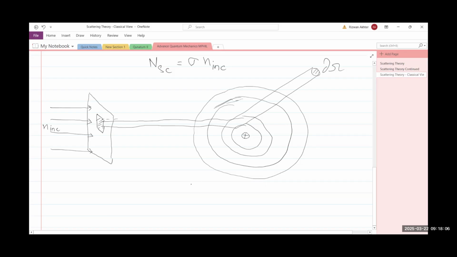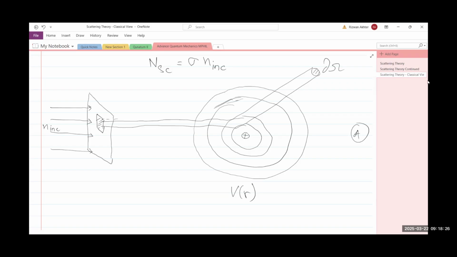And this we call V of R, our target potential. The beam of particles hitting this target is scattered into some solid angle d omega. So let's call this picture A.